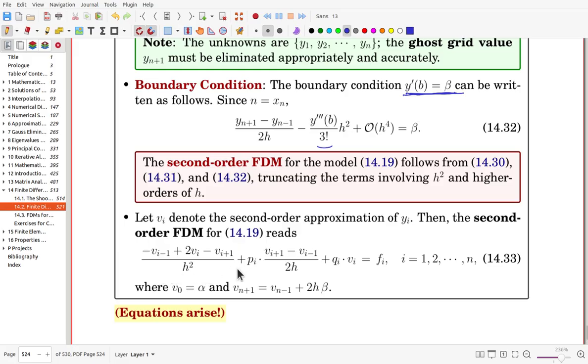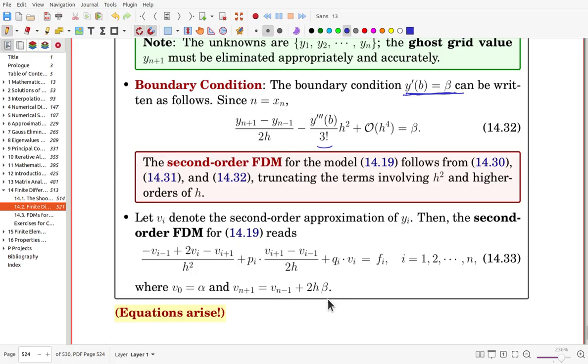Rather than y, we are using v, and we drop the remainder. And of course, from this one, we drop this part, multiply by 2h and move this one to the other side, then we reach this one.